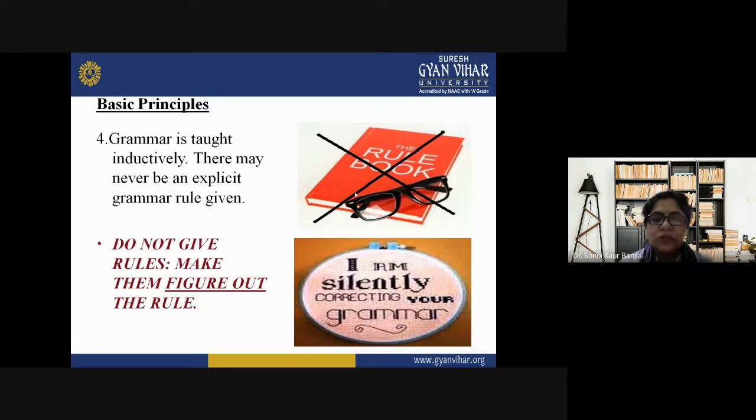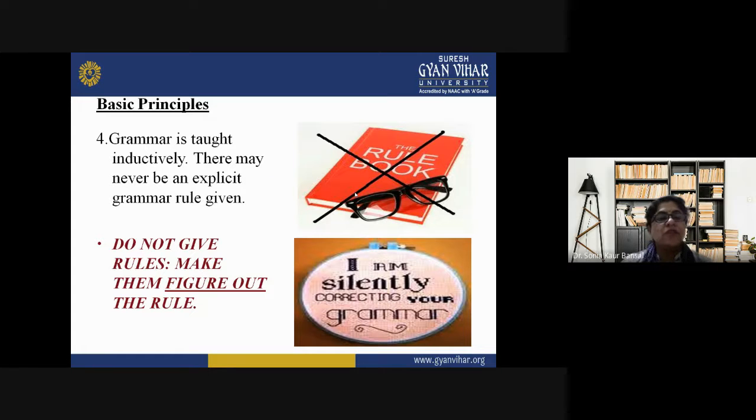So do not give rules first, make them figure out what the rule is. This is the principle of the direct method: when we give the rules to our students, they simply learn the rule and forget about practicing, which is essential for them. All right. So remember, grammar is taught inductively.